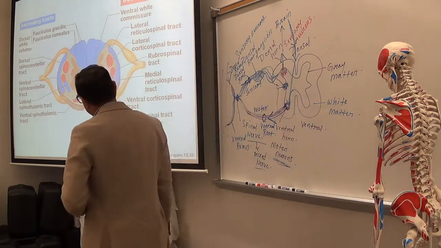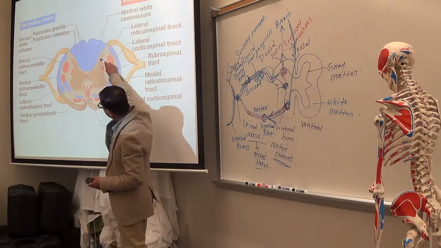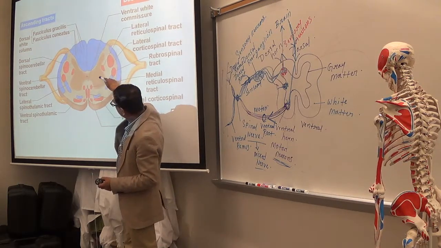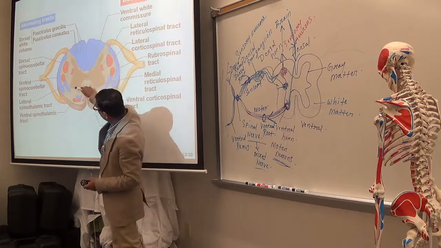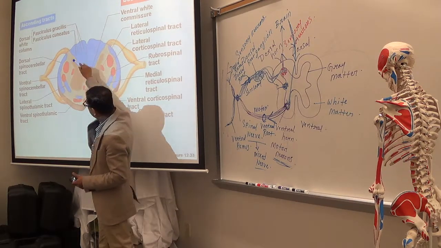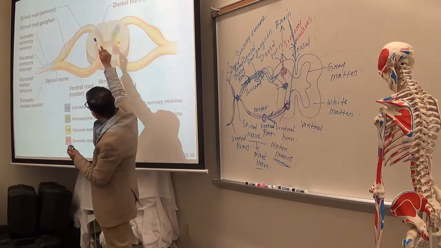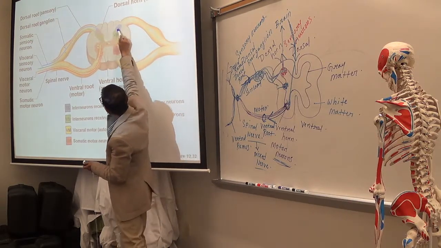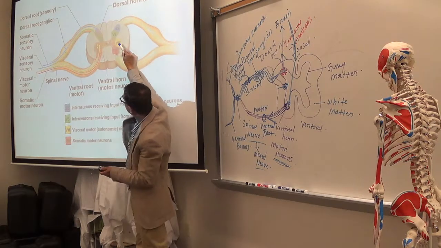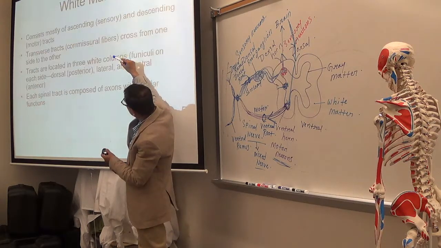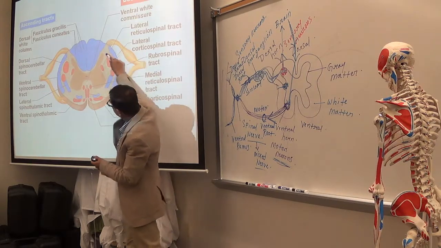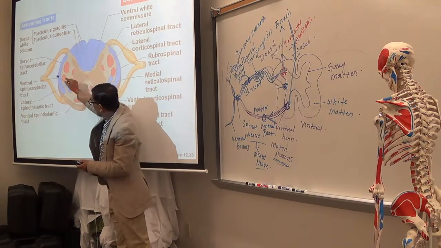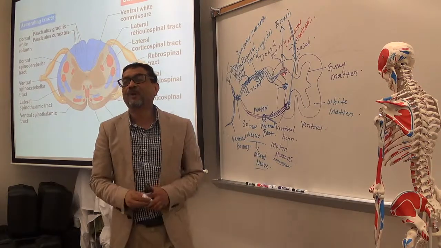Okay, now we'll see. This is the butterfly-shaped gray matter. This is the ventral horn, dorsal horn. If you look at this picture, it's better. It's the ventral horn, dorsal horn, and lateral horn. Now, the outer part is the white matter, and in the white matter you have those tracts.